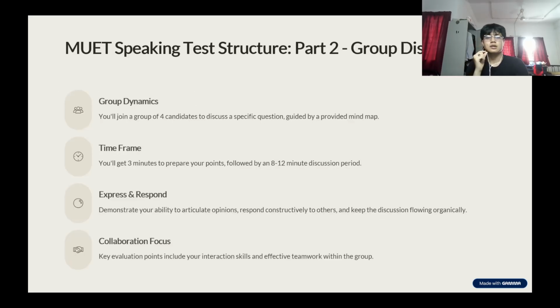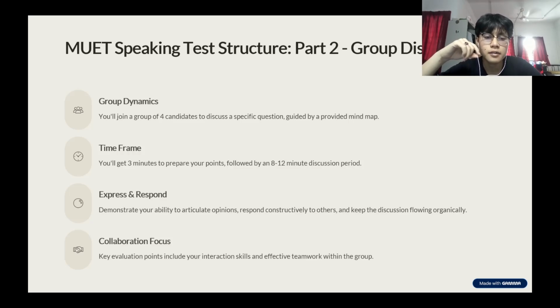Okay, next. This is jumping into the second part of the MUET speaking test, which is the group discussion. The rundown for the group discussion is you will join a group of four candidates to discuss a specific question guided by a provided mind map.